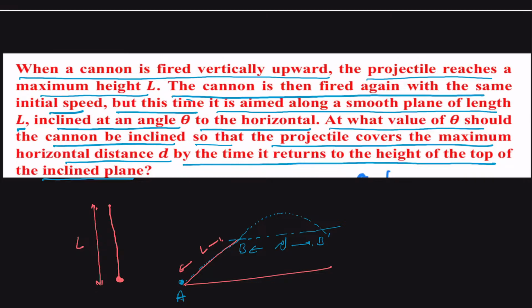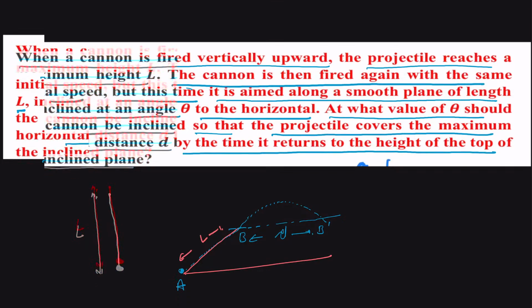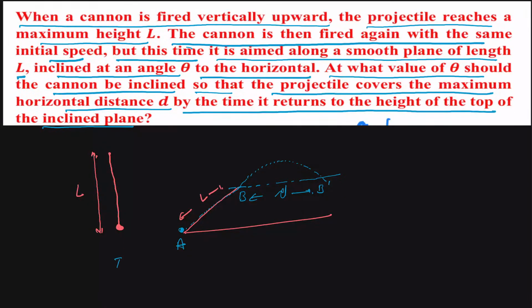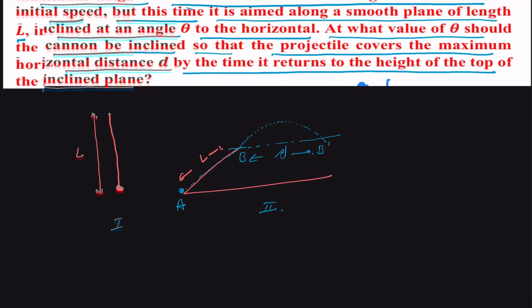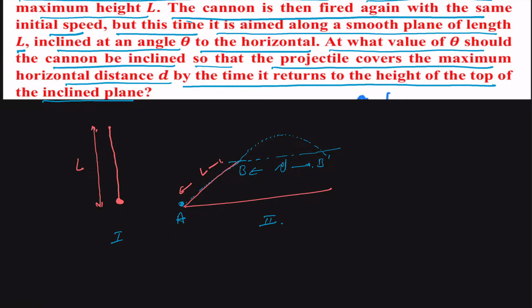Okay, so this is our first case, and this is our second case. So let us suppose that in the vertical direction it is launched with the velocity of v0. So the same velocity v0 is given along the inclined plane.